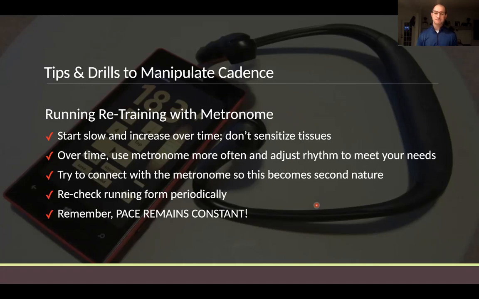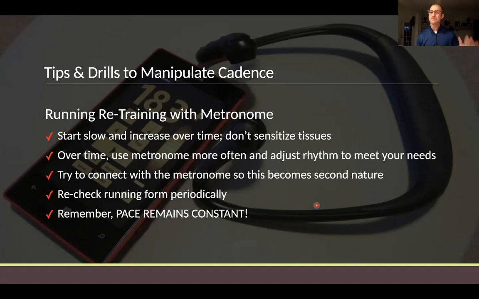So over time, use the metronome more often. I would tell people, introduce this slowly. Introduce it first on some of your slow runs, on your short runs especially. If you say, hey, I have pain, and I say, okay, we want to increase your cadence from 160 to 168, I don't want you to automatically put that in the long run if you're running 10 plus miles. I want you to do that on your runs that are maybe 3 or 4 miles a week.